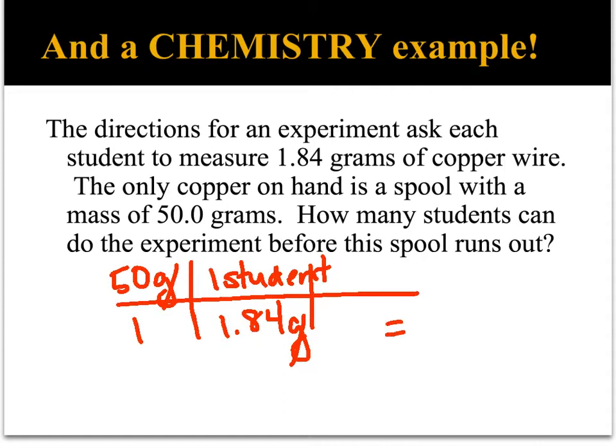Okay? So when you say 50 times 1 divided by 1.84, you get 27.124. Okay, now we're going to round that to 27 because we know we can't have 0.124 students.